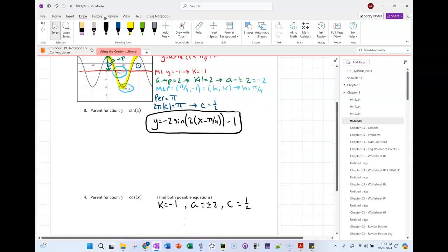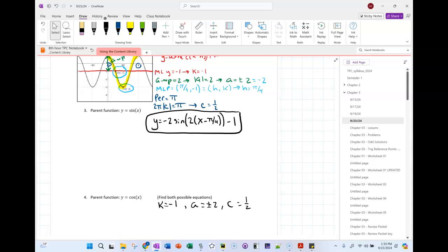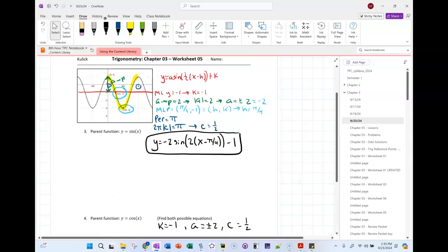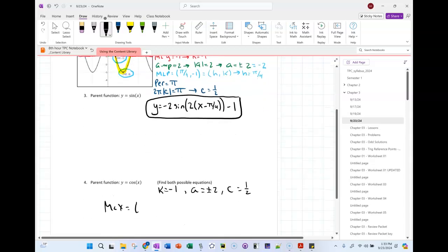Now, depending on which extrema I use, the h will be different and the a could be different. So let's say we use the maximum, which was at 0, 1. That tells us the h is 0. And because it's a maximum, the a is positive.